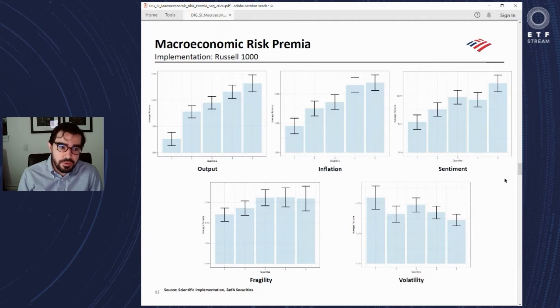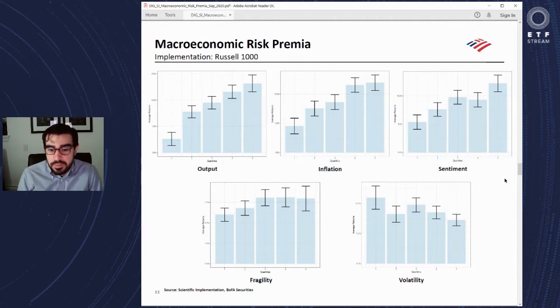So going from quintile 1 to quintile 5, we're going from low exposures to high exposures to the measure. And what we see here is a very clear pattern for the pro-cyclical and weakly pro-cyclical measures, meaning there is an increasing pattern of returns with respect to exposures. As exposures go up, return goes up as well for pro-cyclical measures.